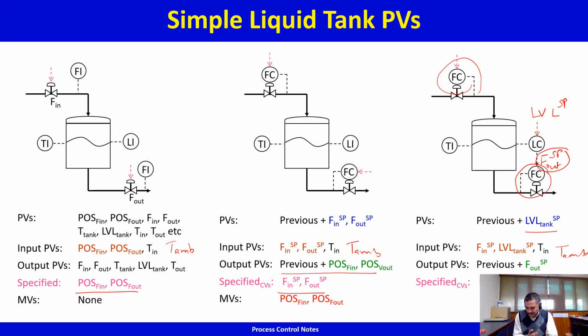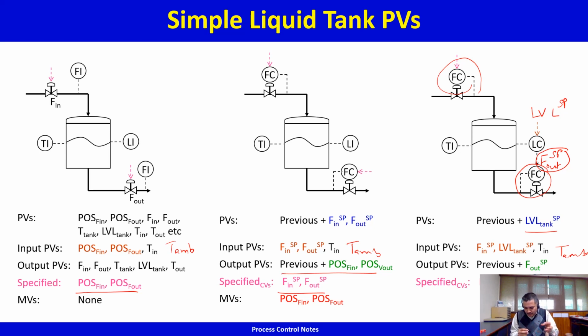Okay, so this was a very simple example which highlights the key aspect of how a control system changes the relationships between process variables, and these changes in the relationships reflect in what constitute input process variables, what constitute output process variables.